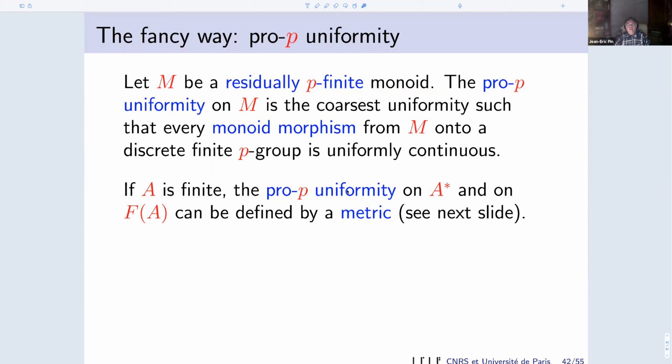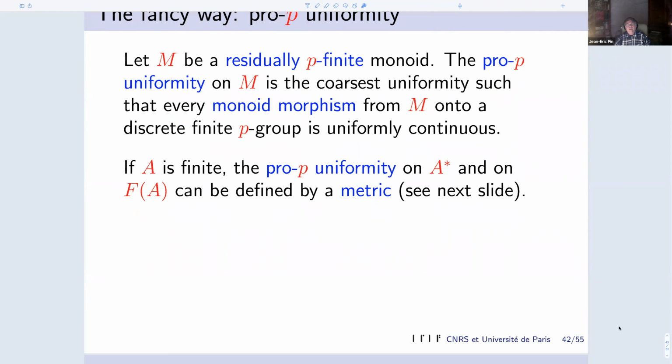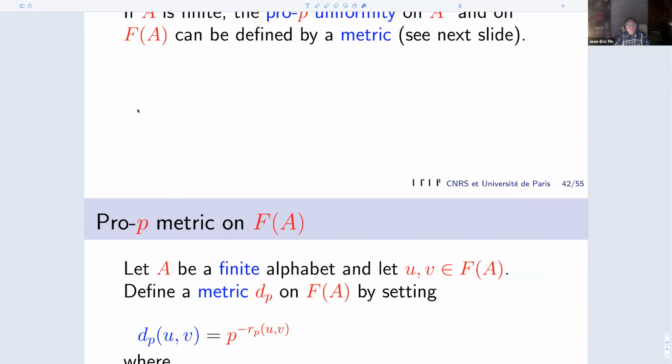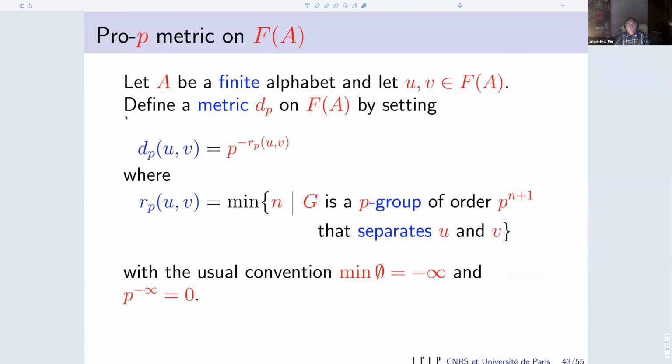But let's look at metrics, which is simpler. I will give you a metric for A star and a metric for the free group. For the free group first, you can define the metric as follows. You take two elements of the free group, u and v, and you look at the p-groups which separate u and v, and you take the smallest such p-group.